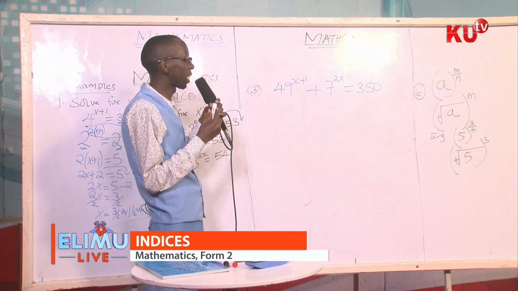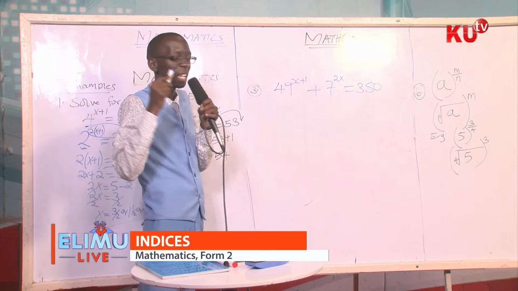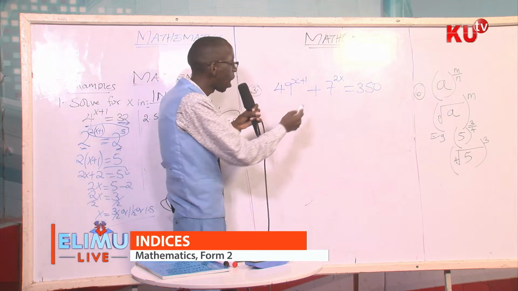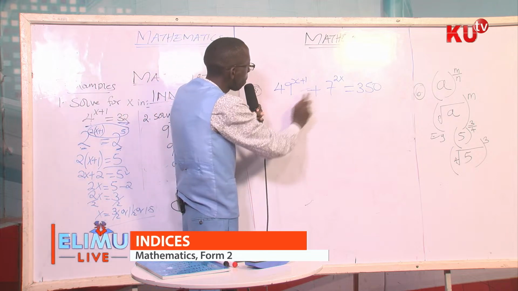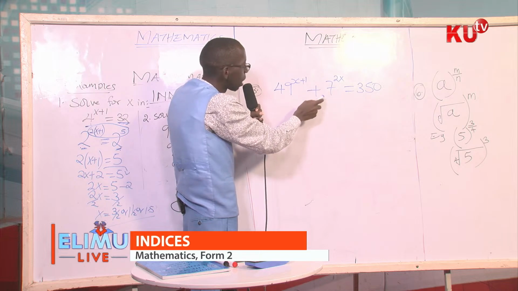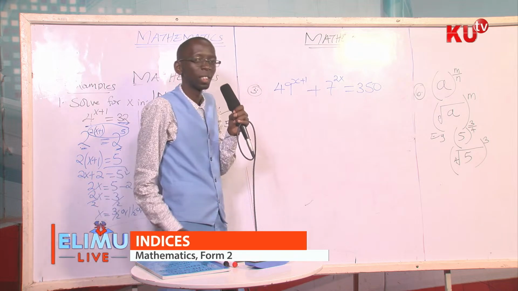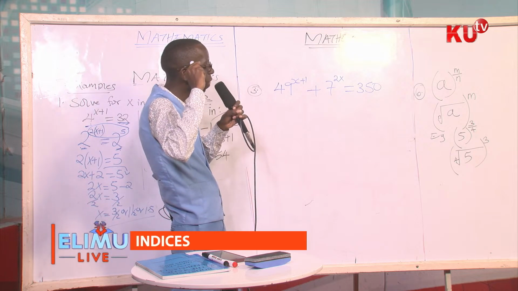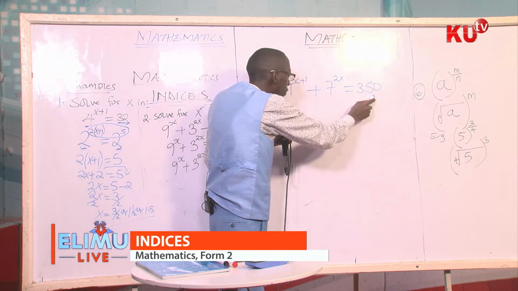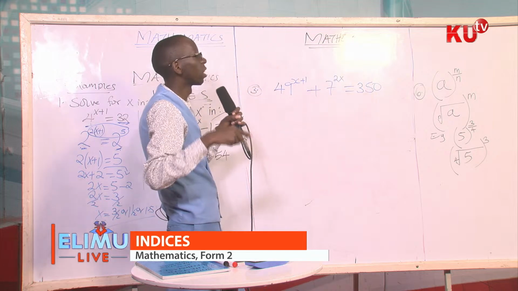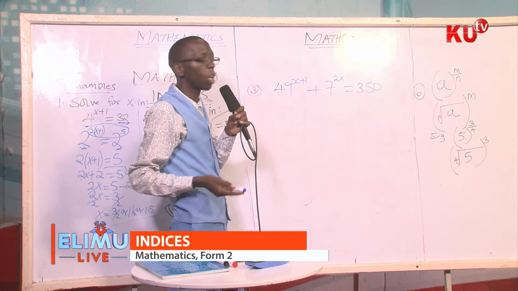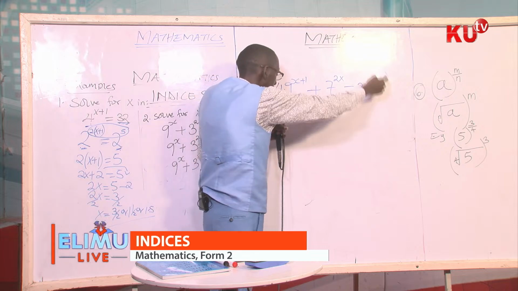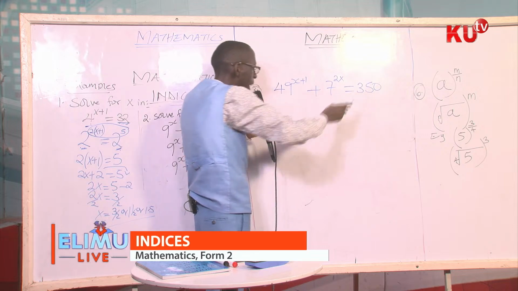My dear student, this is a question where the two numbers are separated by an addition sign. When you see such a question, in your mind you should know that the 350 should not be raised to base 7. At the first step, it should remain the way it is.